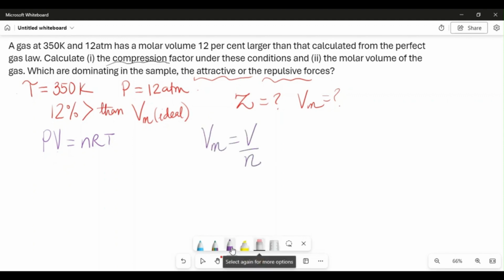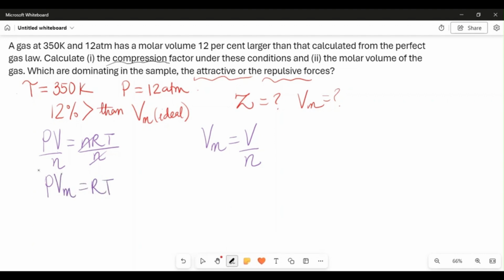So we divide by the number of moles, and we can cancel out the number of moles on the right side, and we have V divided by n. So that's PVm equals RT. The molar volume times the pressure equals RT.